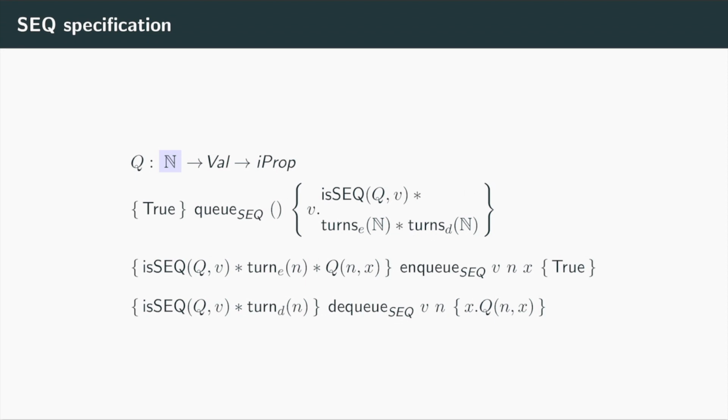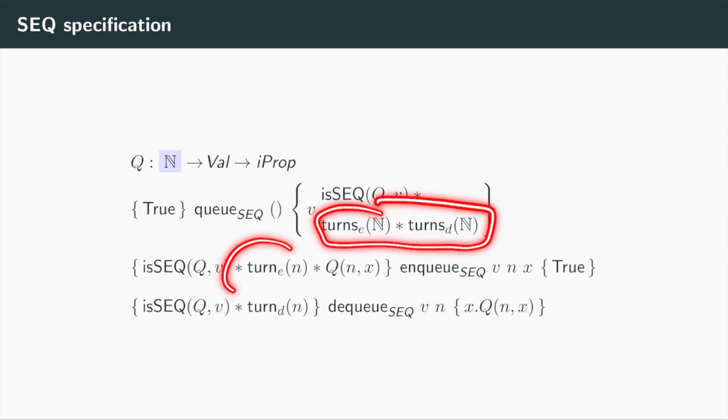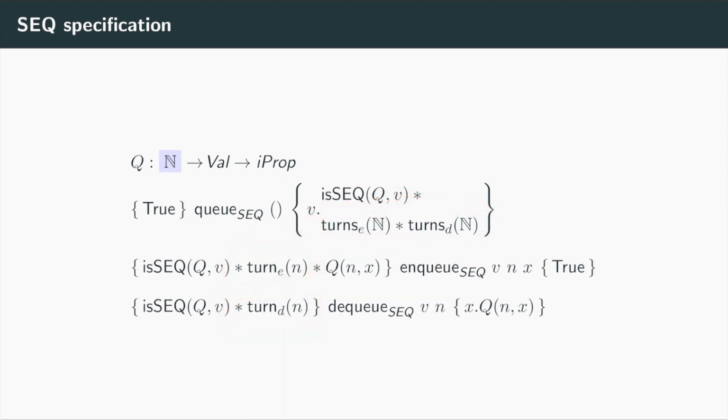And again, there are 2 key differences. One of them is to expose the fact that DQ and NQ are carried out according to the turn arguments, and then some resources to manage how the turns are used with the turn sequencer. This specification is then used to verify the refinement result for the entire MPMC queue.